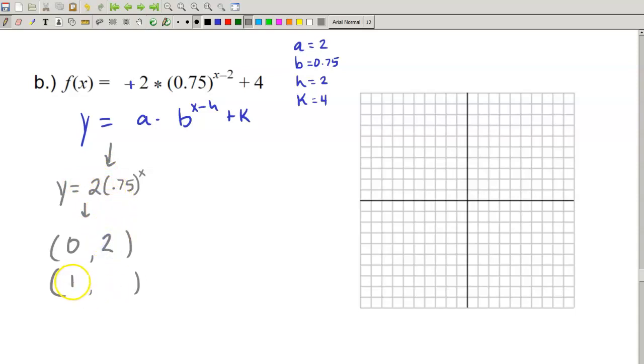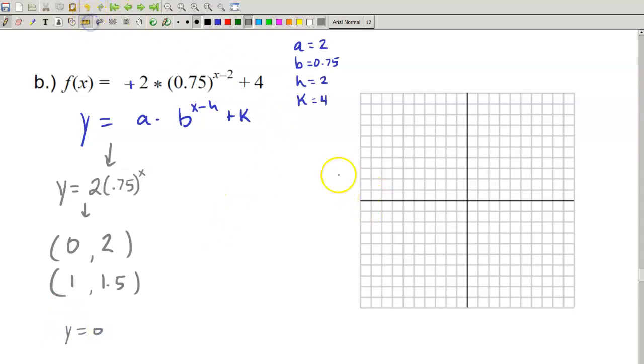And if I plug in 1, I'm going to get 2 times 0.75 to the 1, or the a times b value, which is 2 times 3/4, which would be 6/4. So this is going to be 1.5. And I know the asymptote is always going to be y equals 0 because my k value is 0.